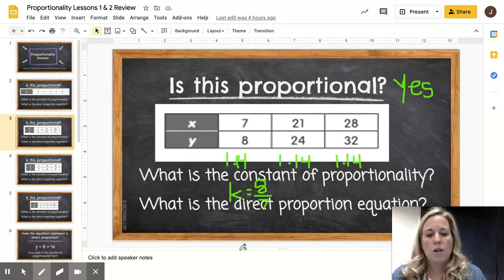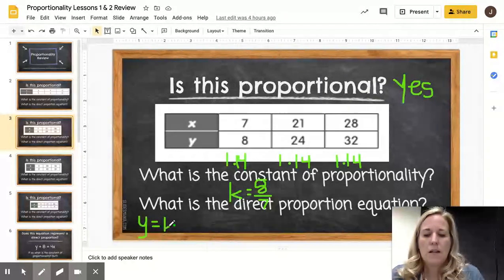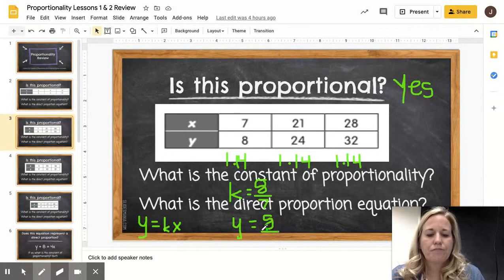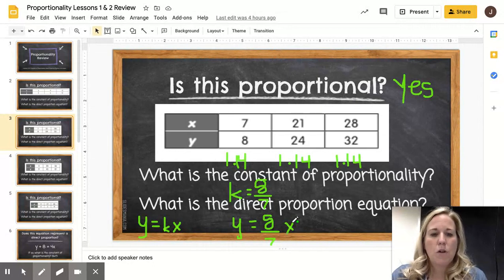And then what is the direct proportion equation? Remember, the direct proportion equation is Y equals KX. So now that we know what the K is, for this one specifically, it's Y equals 8 sevenths X. And that's my direct proportion equation for this one.